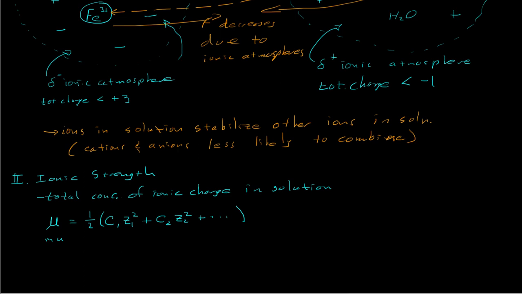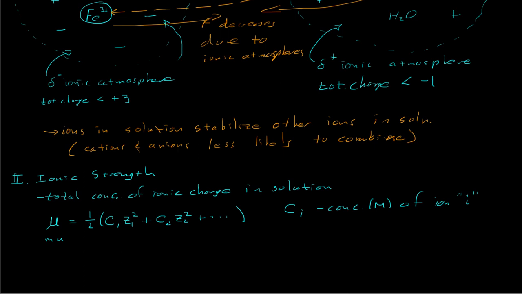And what are the C's? Each Ci is just the concentration, and typically we will represent that in units of molarity, of some particular ion i. So we're just going to label each of the ions with this little i index. So i might be a sodium cation or an iron 3+ or a thiocyanate, SCN-. Whatever.